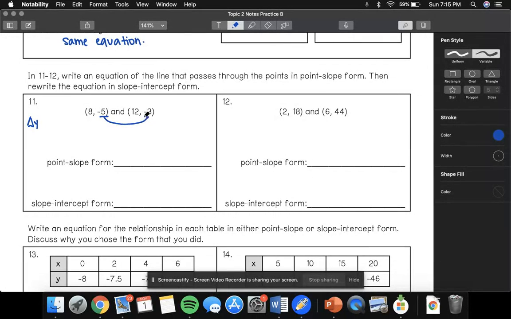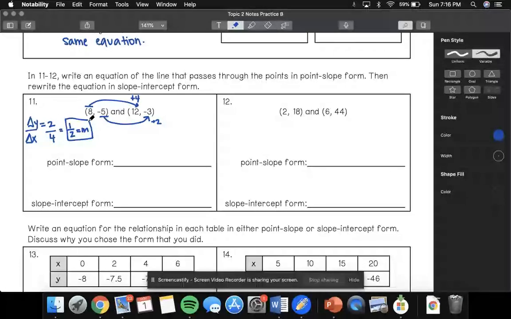To get from -5 to -3, I would have to add 2, so my change in y is a positive 2. Then to get from 8 to 12, I would have to add 4, so the change in my x's is 4. My rate of change is 2 to 4, or 1 to 2. So that is my slope.